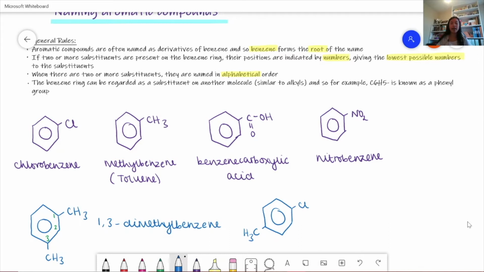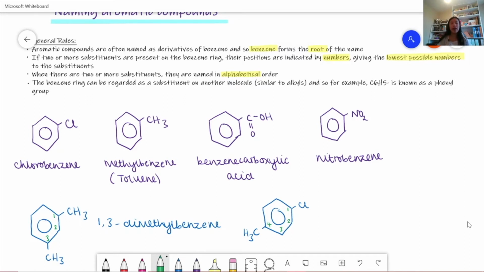And so what we get is first we need to label the carbons so that these two substituents have the lowest numbers. And so we would naturally label one of them 1, and then we would go around 2, 3, 4. And you can see that if we went the other way around, so if we labeled them anti-clockwise, we would still have the other substituent on 4, and so it must be 1,4.